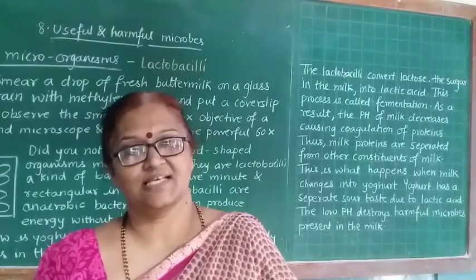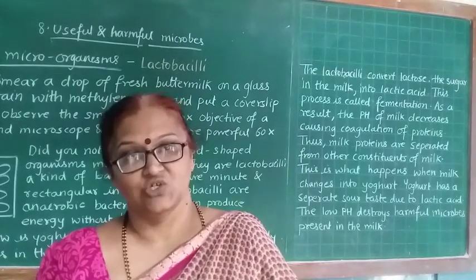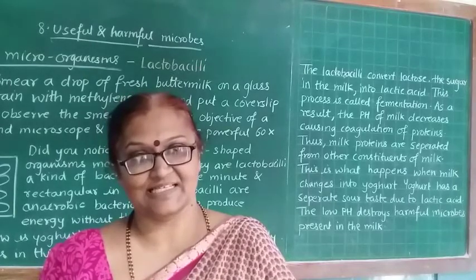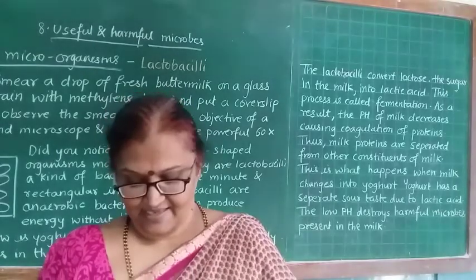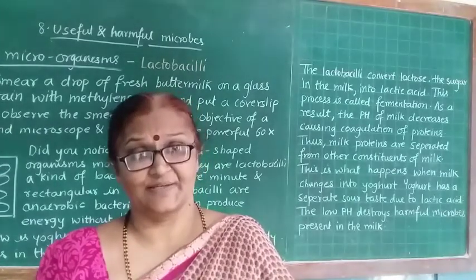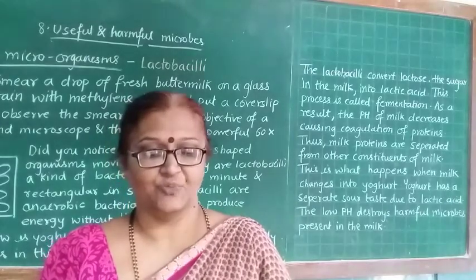Why are these eatables most valuable, most useful? Because they kill the harmful bacteria present in the alimentary canal, and these bacteria are nothing but the Clostridium. And they help to improve our immunity.